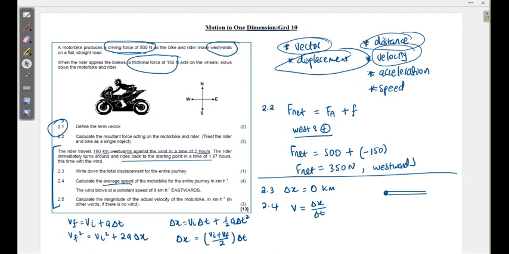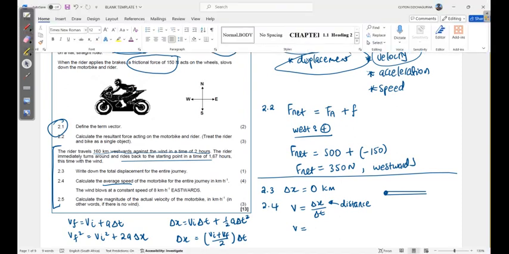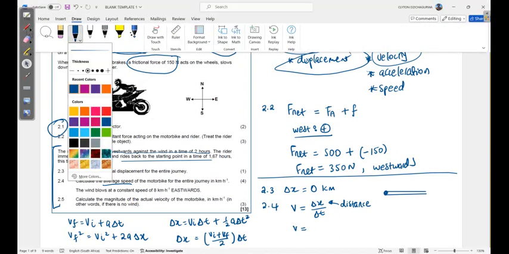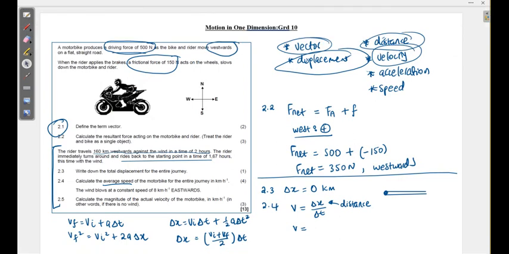And let's remember that because it is speed and not velocity, here we would be talking about distance, okay, because we're talking about speed. So now what is the distance that he traveled, right? Maybe graphically, so that we can understand this, we can say the rider traveled 160 kilometers westwards.